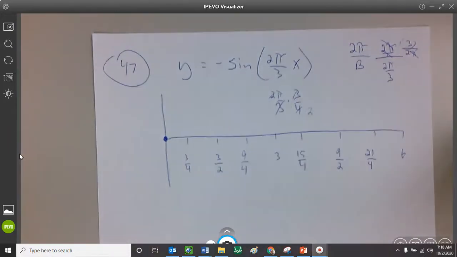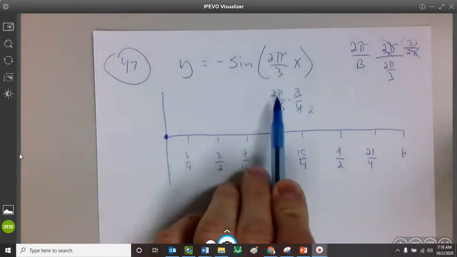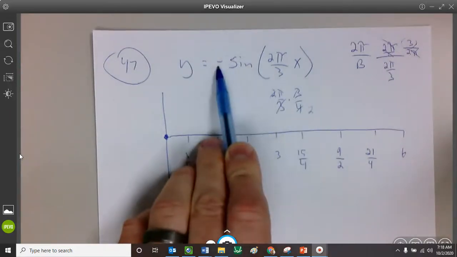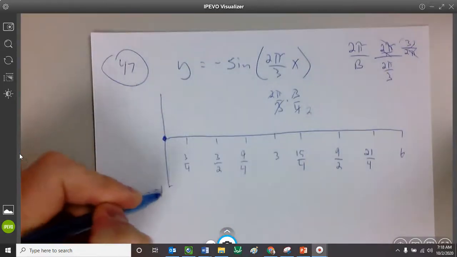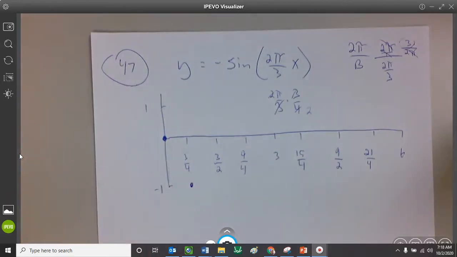If we break these periods up into fourths, we're always going to end up having to take the sine or cosine of our cardinal directions, the ones we like. So the sine of pi over 2, that's 90 degrees, that's 1. With a negative sign in front of it, that would be negative 1. So at 3 fourths, I'll put negative 1. Next, 3 halves.